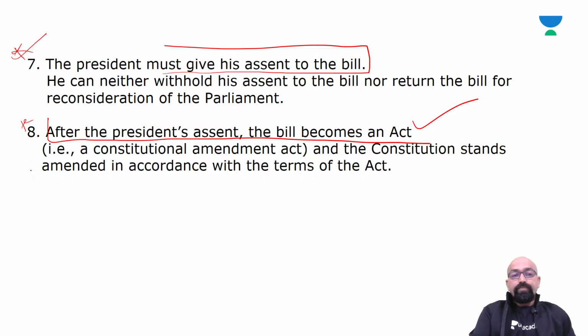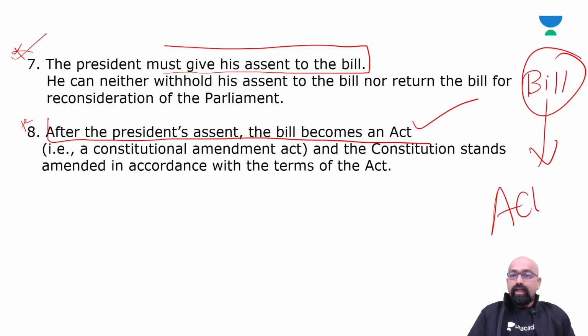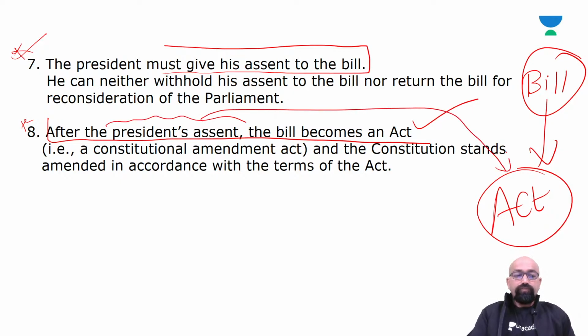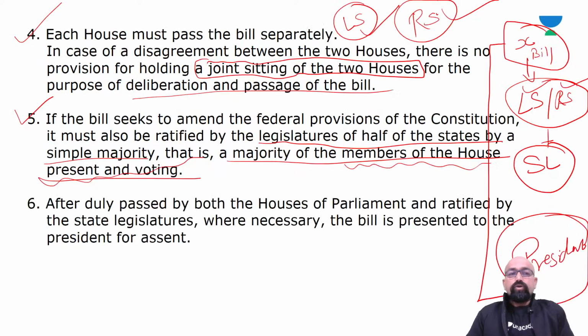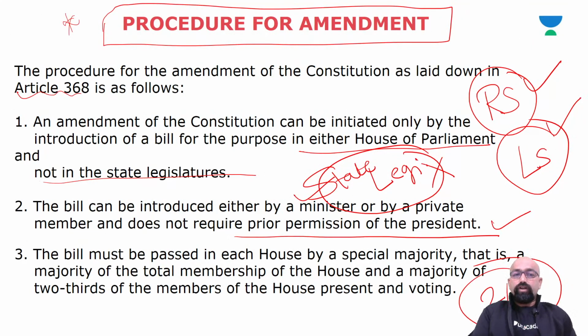It means this particular bill is recognized as an act after the signature, that is assent, of the president. So that is a constitutional amendment act, and the Constitution stands amended in accordance with the terms of the act. So this is the procedure for amendment mentioned in Article 368.